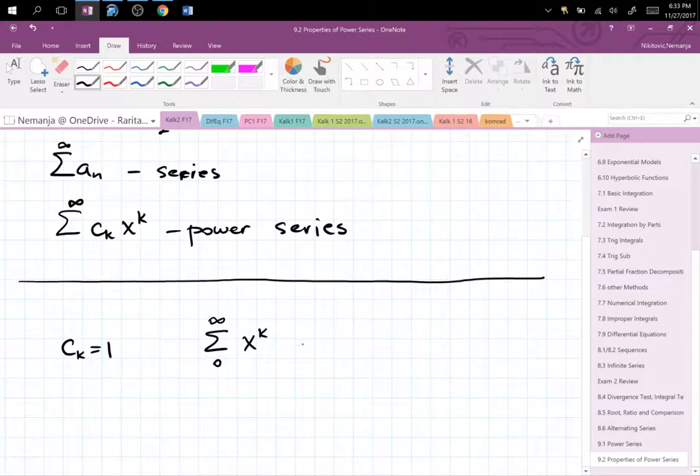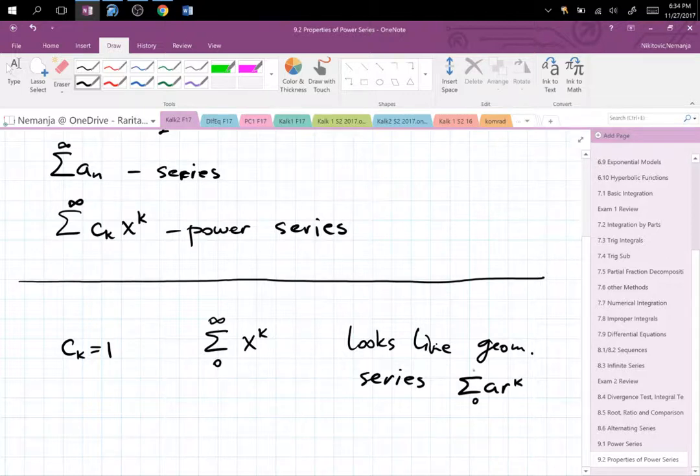Well, it could be a p-series actually. But I will say this looks like a geometric series, which was that a r to the k business. Now let's not worry about a. You just have this x to the k, which mimics r to the k.